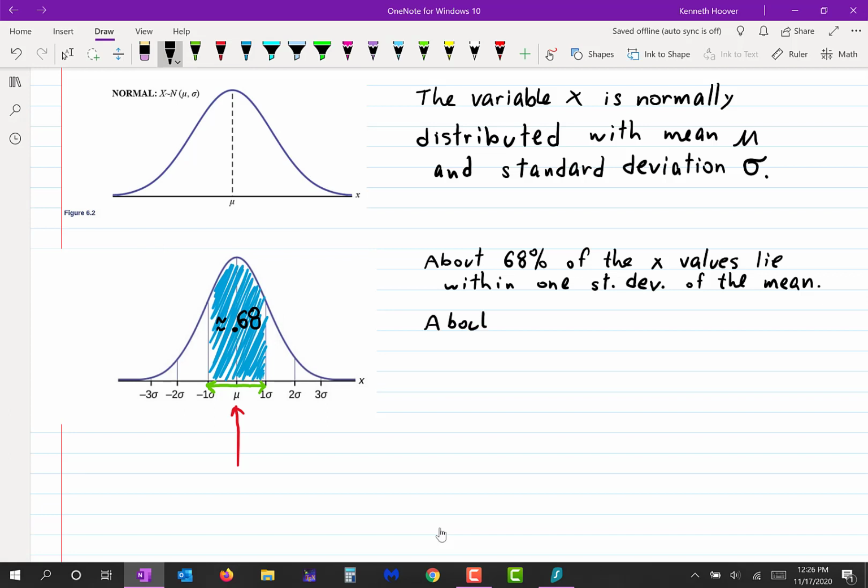I can say that about 95% of the x values lie within 2 standard deviations of the mean.